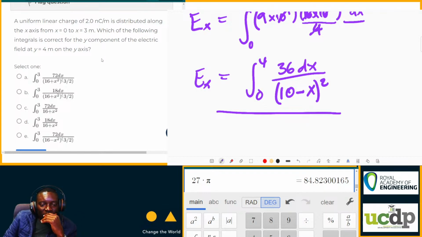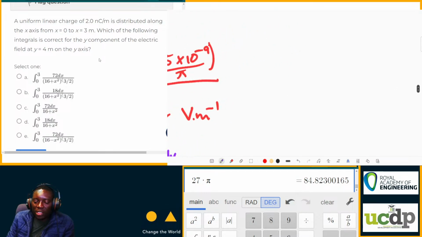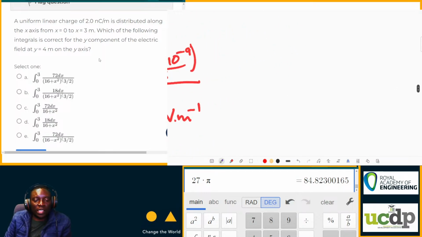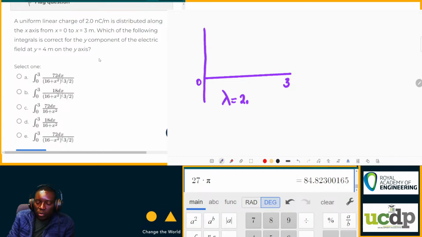So this is now a different story. Remember, for the previous one, the orientation was the rod along the x-axis, with the field being measured along the x-axis. But this time, you have the distribution along the x-axis, like that, from x equals 0 to x equals 3, with a lambda of 2.0 nanocoulombs per meter.